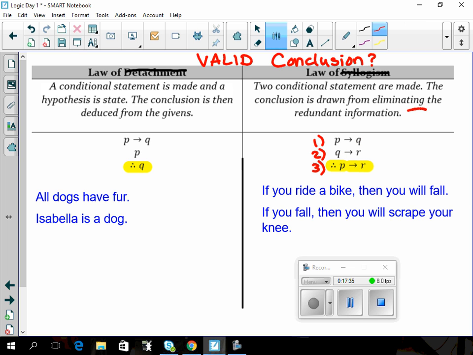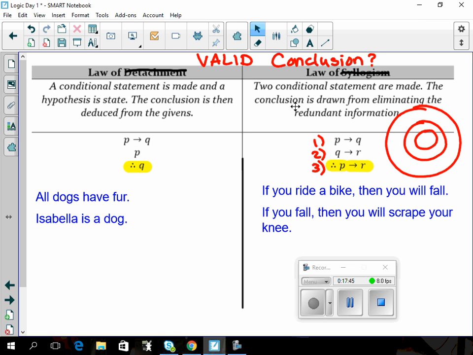This is what you should add to your picture. This particular law would have a Venn diagram that would look like this. It would say, if P, then Q, if Q, then R, and guess what? The conclusion would be, if P, then R.